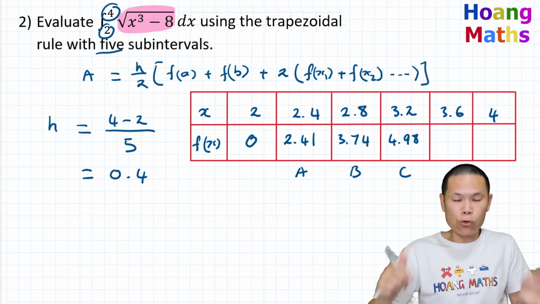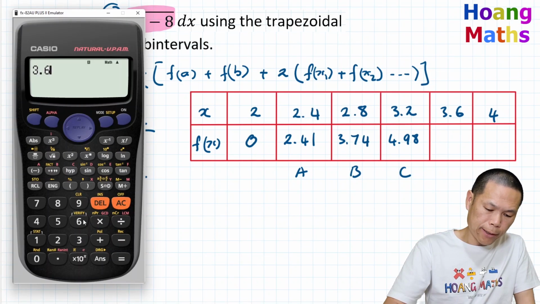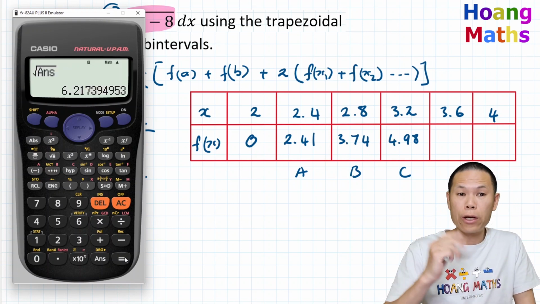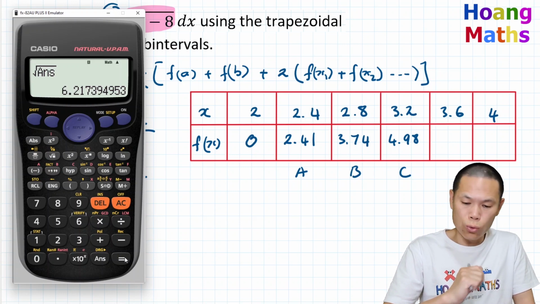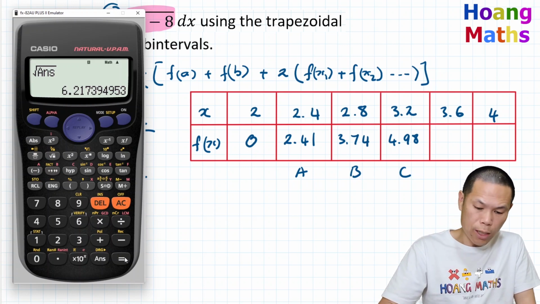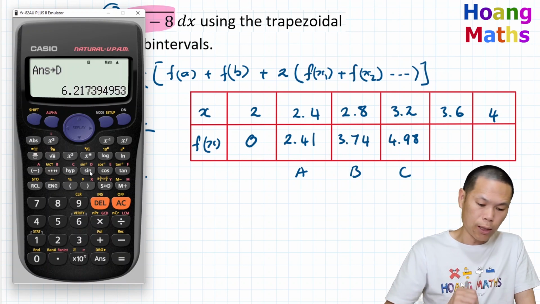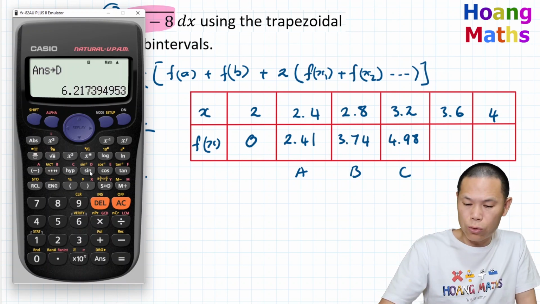When x is 3.6, 3.6 cubed minus 8 equals, and we square root that. Answer. So there you go, 6.22. Let me store this into memory D first: answer, shift, store into D. So 6.22.